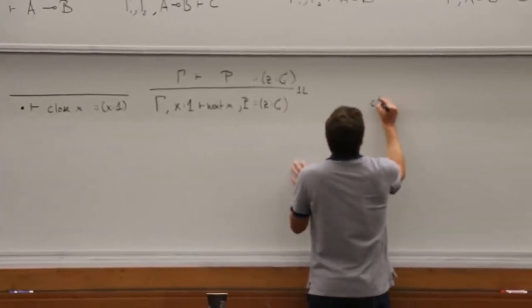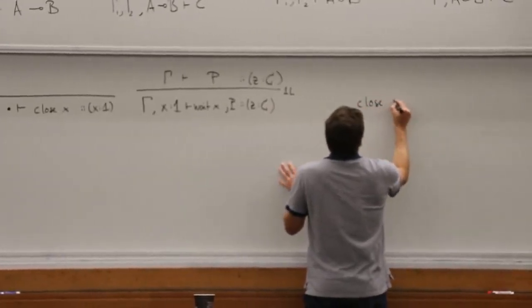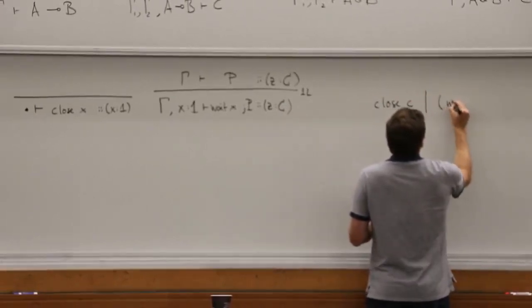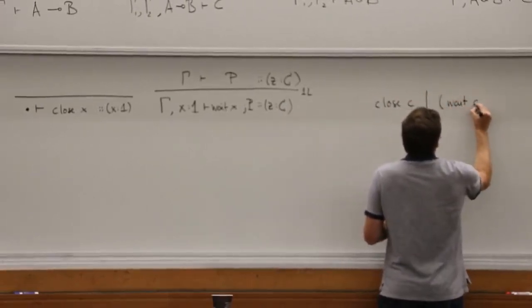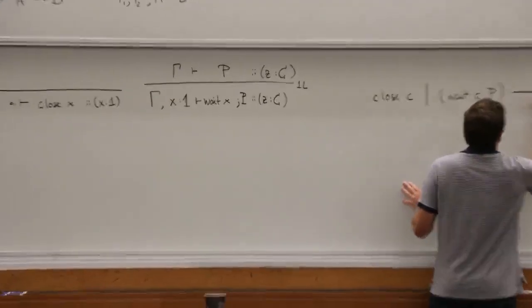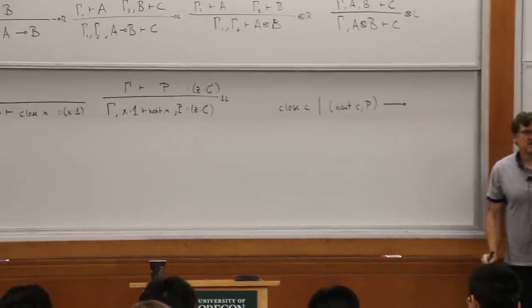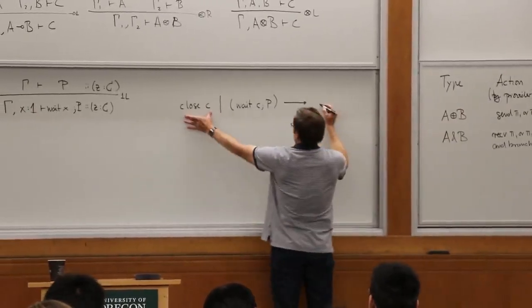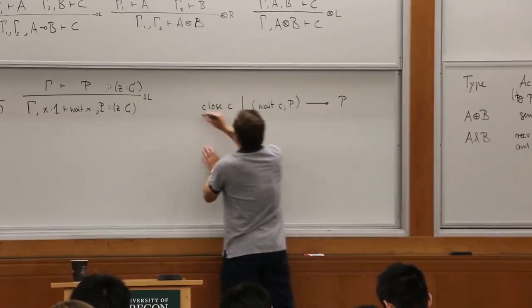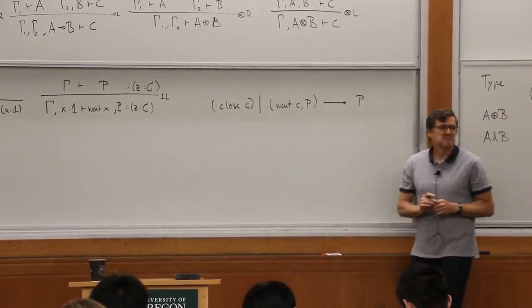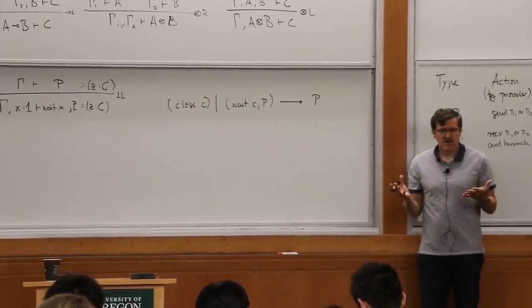If we're closing, which is in parallel with waiting on the channel C and continues at P, what does it become? Just P, right? Because this process terminates. I'll put parentheses around here. This process terminates, and this one continues at P. Okay? Completely logical.